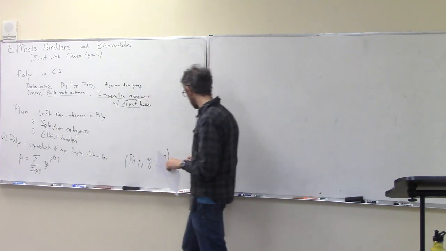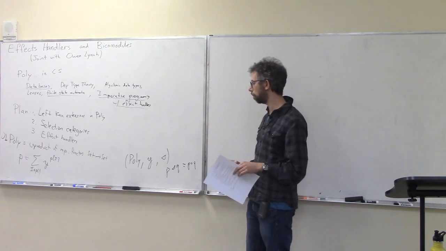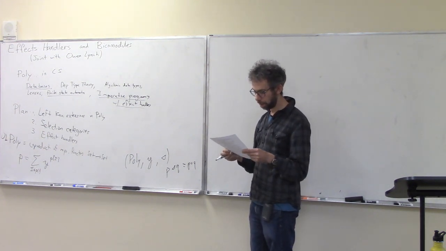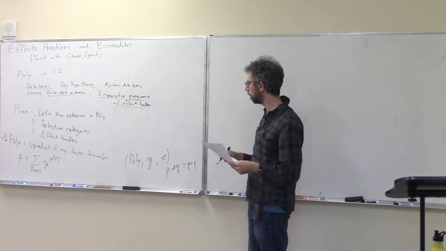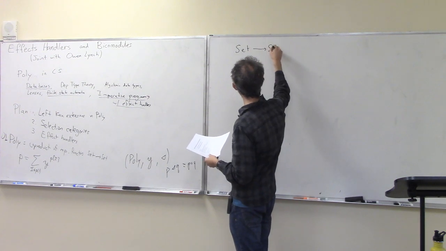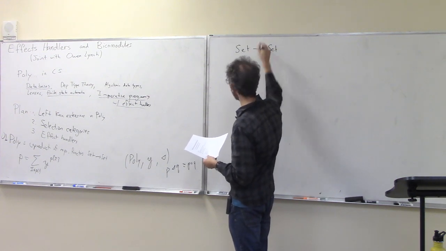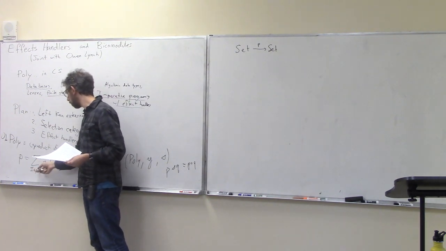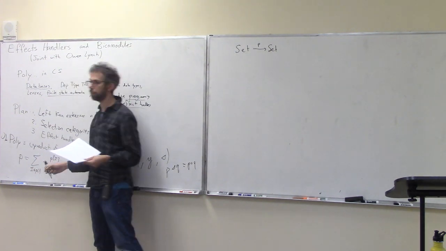So I don't want to write compose, and they feel more like data structures than functors. Okay, but you can consider them as functors from set to set. P will take a set and coproduct together lots of powers of that set.